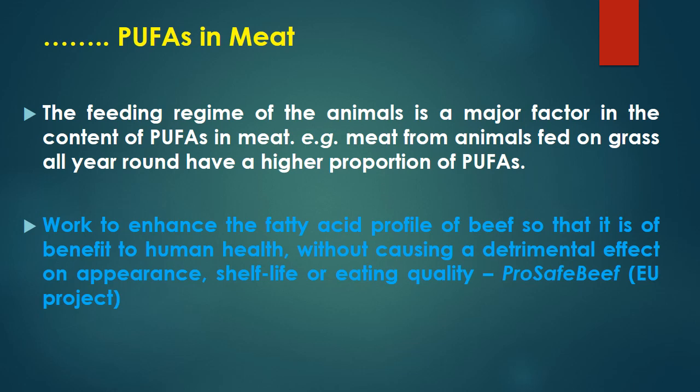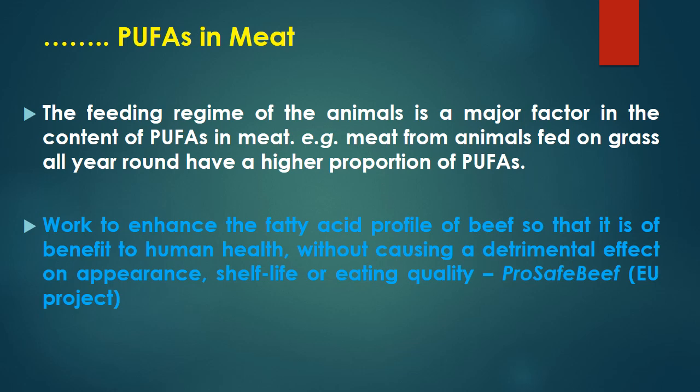The polyunsaturated fatty acid content to some extent depends on the feeding practices. If beef animals are kept on grass feeding throughout the year, then it will have a higher proportion of PUFA. So there is more demand for grass-fed beef in Western countries.